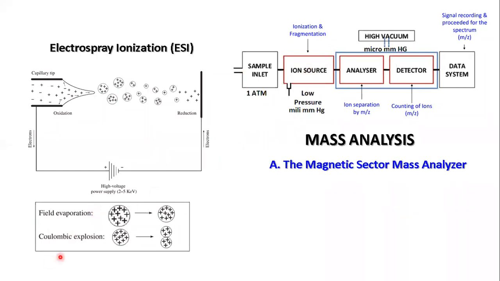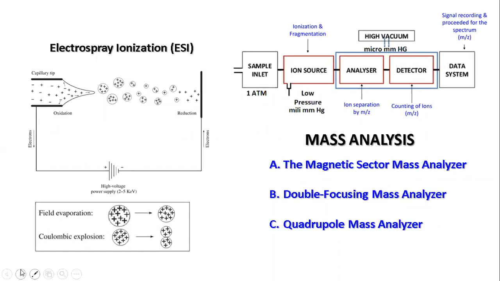One of the most important and mostly utilized techniques is the magnetic sector mass analyzer. Then there is the double focusing mass analyzer, the quadrupole mass analyzer, and the last one is the time of flight, TOF, mass analyzer. So these four are well known. Today we'll see the magnetic sector mass analyzer, and how it works.